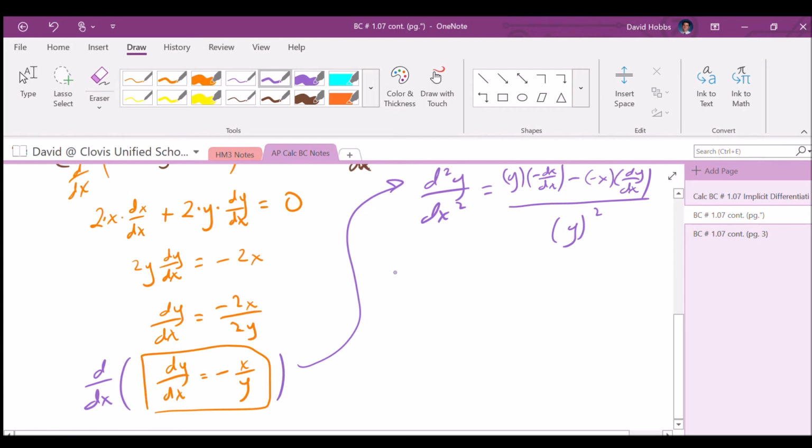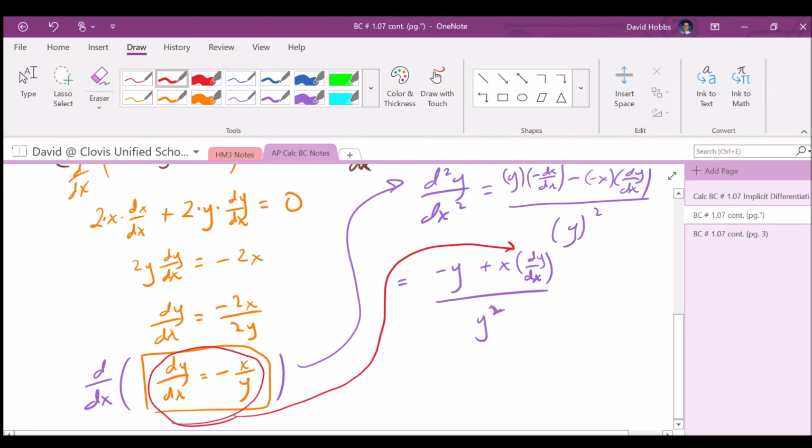Okay, so we've got now negative dx over dx, that's just 1, so negative y minus a negative, so plus x times dy/dx, all over y squared. Okay, well, we can't leave it like this. If only we knew what dy/dx is. Oh, we do know what that is because dy/dx is right here.